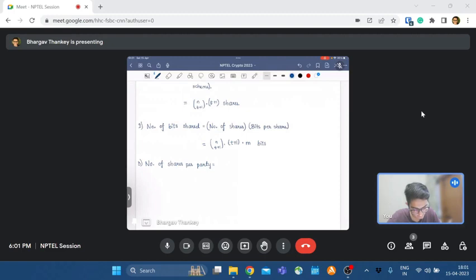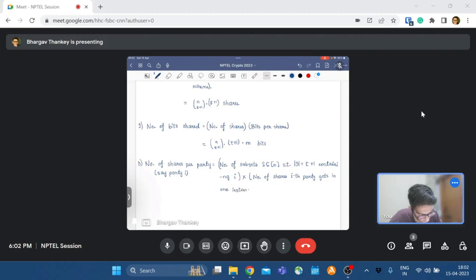So the number of shares per party is equal to the number of subsets S of n such that size of S equals t plus 1 containing party i, times the number of shares the ith party gets in one instance of t plus 1 comma t secret sharing.